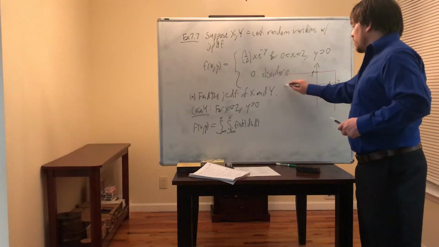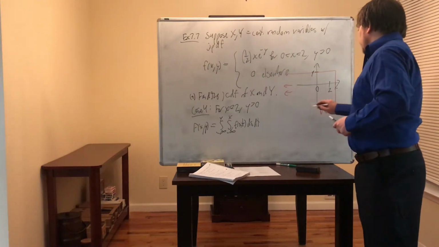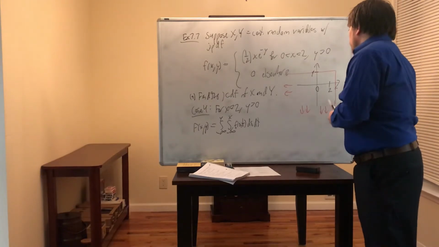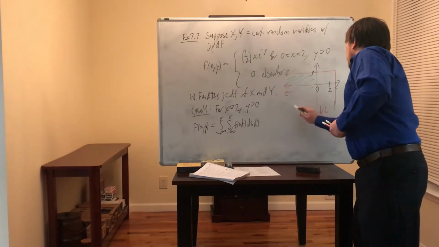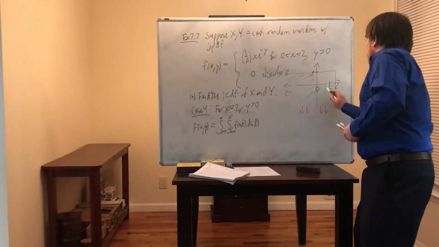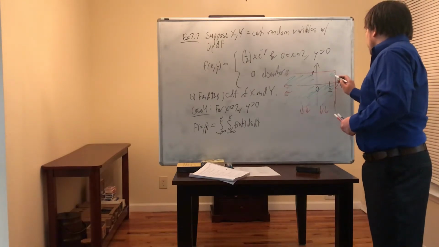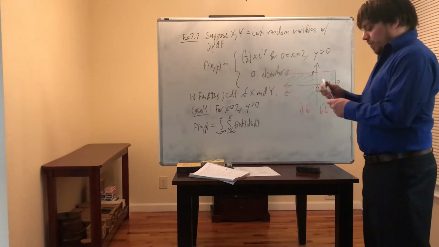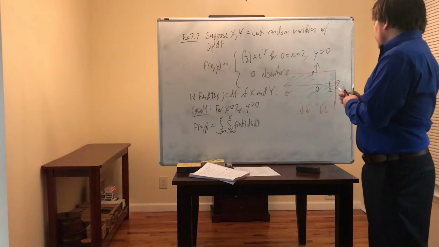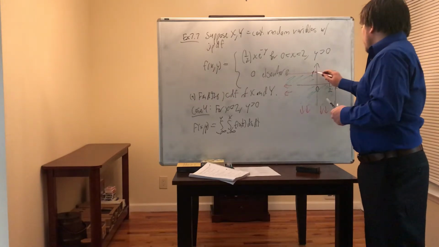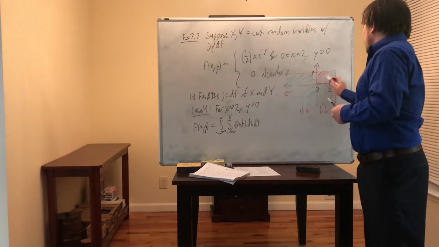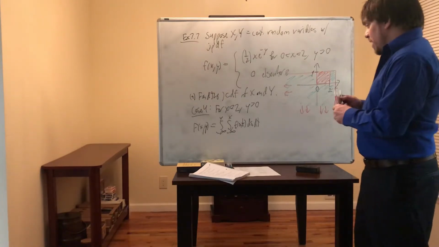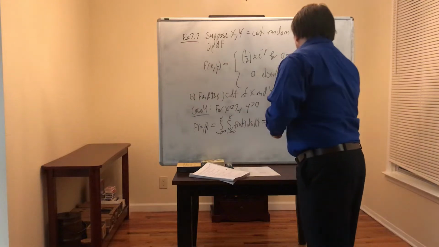It continues that way and this way, but we know it's already 0 here and here, because if x is greater than 2, it's 0. So only this region do we care about the value. Only here could the value be non-zero when we integrate, and so we're only going to integrate over that region.